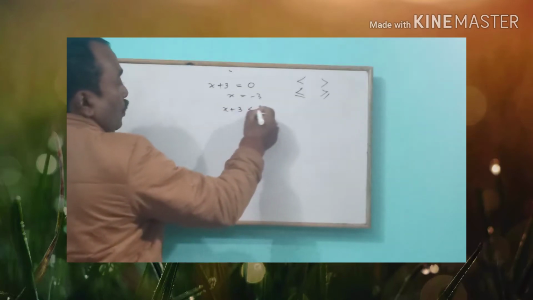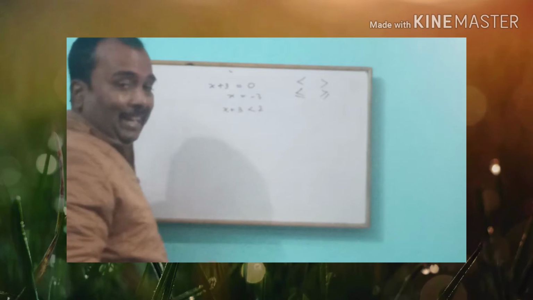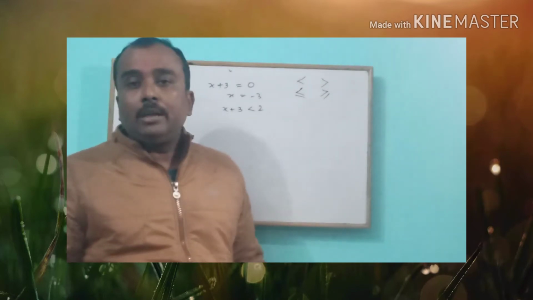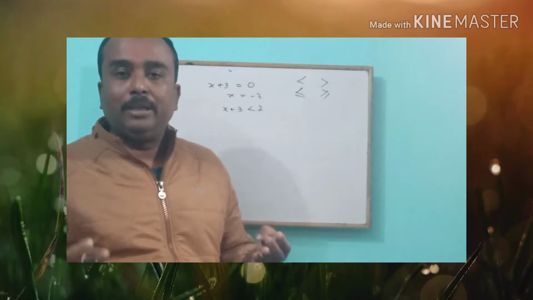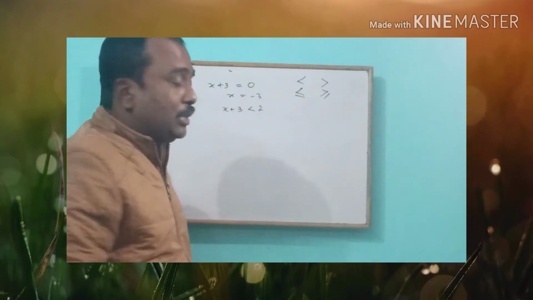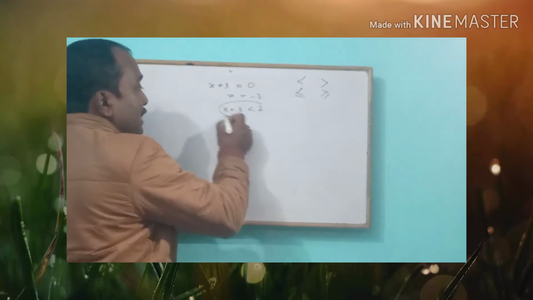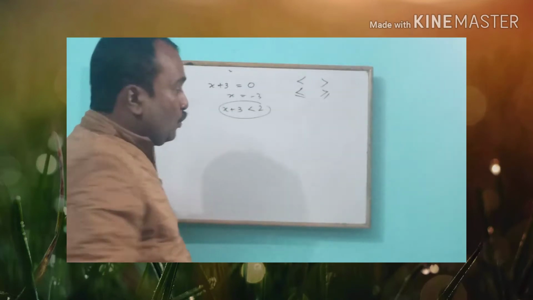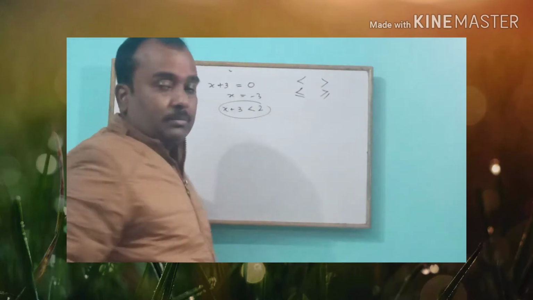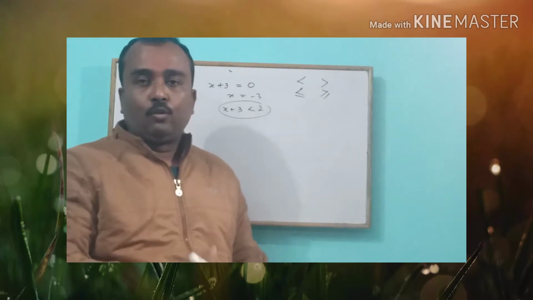So we have to find the values of x. Now x can be an integer, a whole number, a real number, or a rational number. That very much depends on how x is defined. So we find the values of x by transposing or simplifying.